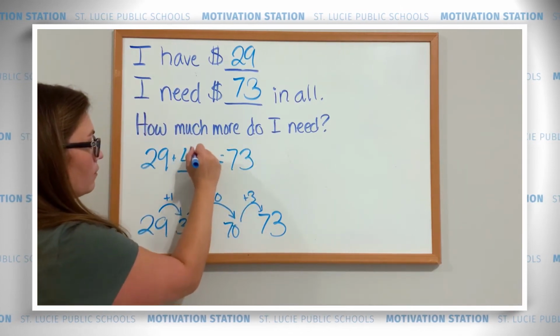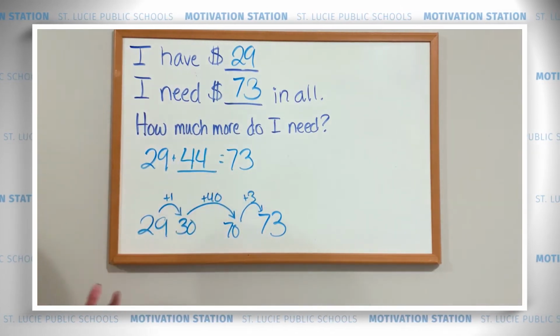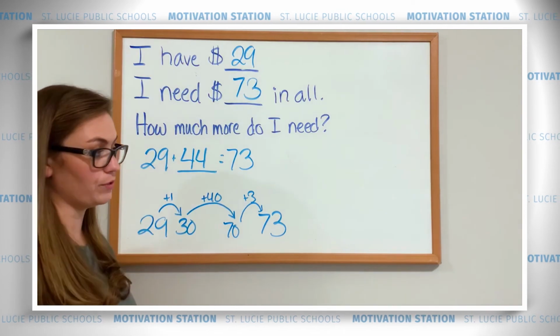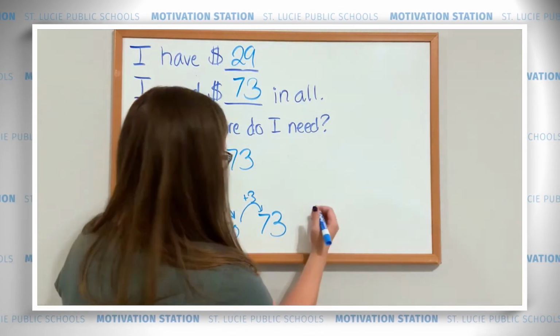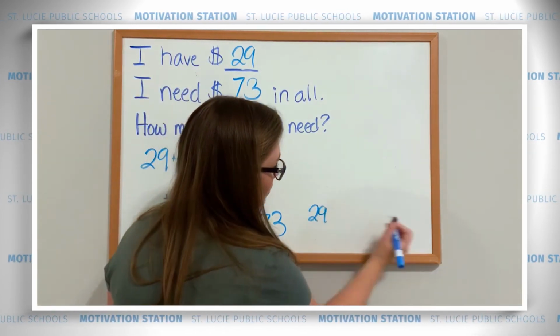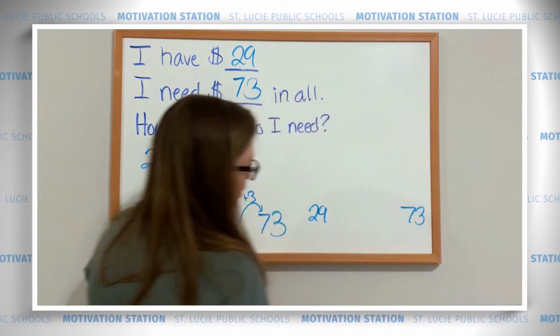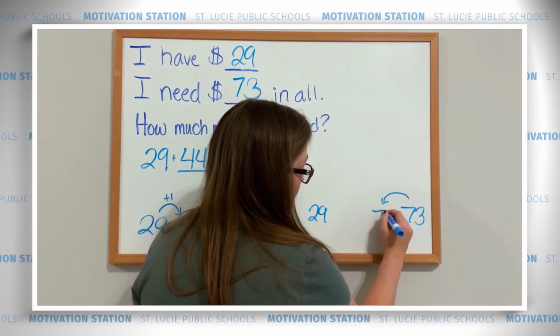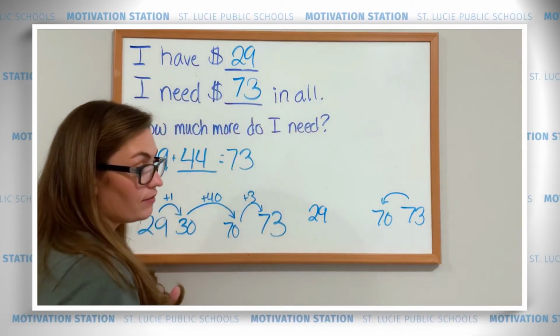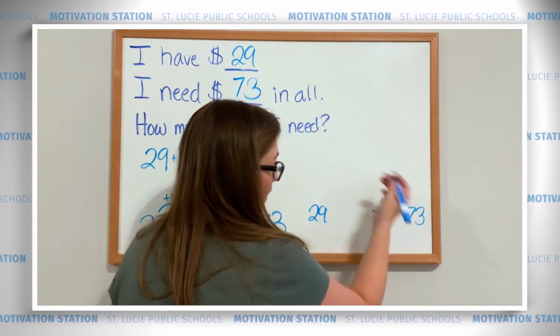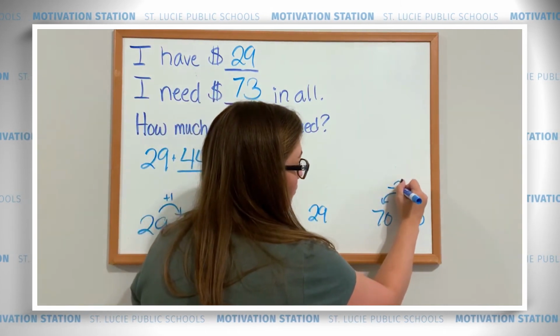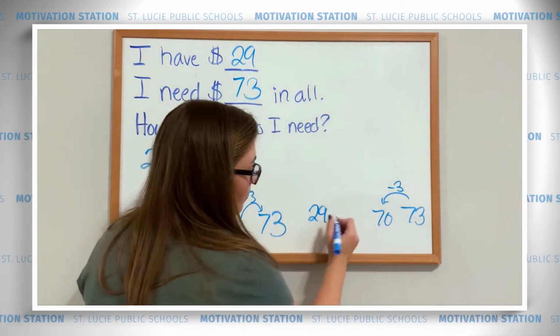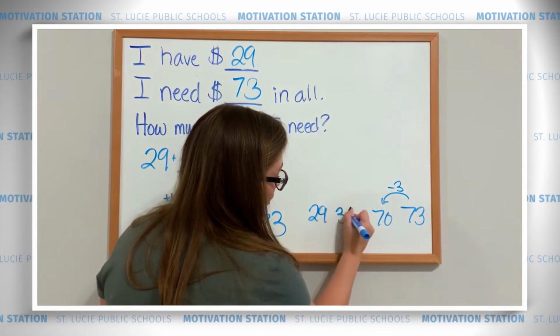As always, we can show this with subtraction. For subtraction, I have 29 on one side and my 73 on the other. I would still want to do an easy jump to 70 because 73 to 70 is easy, and then I can go to easy tens. That would be minus 3. My close 10 to 29 is 30.